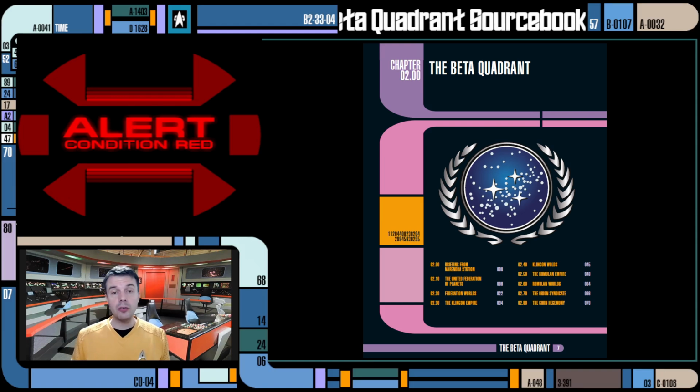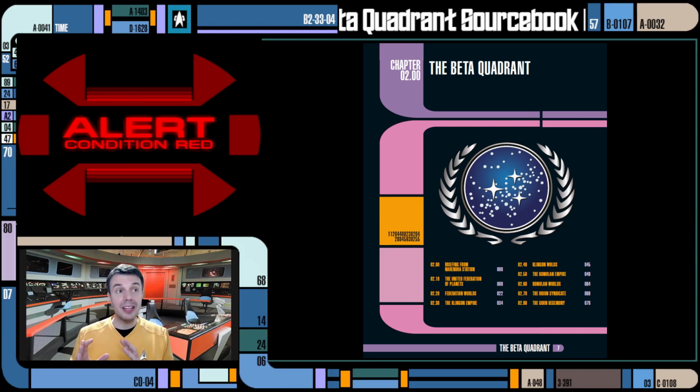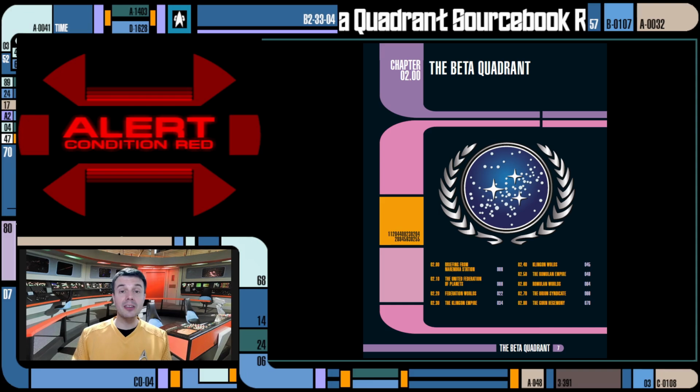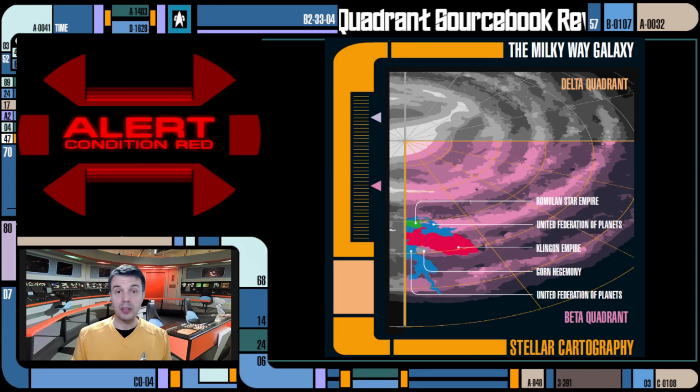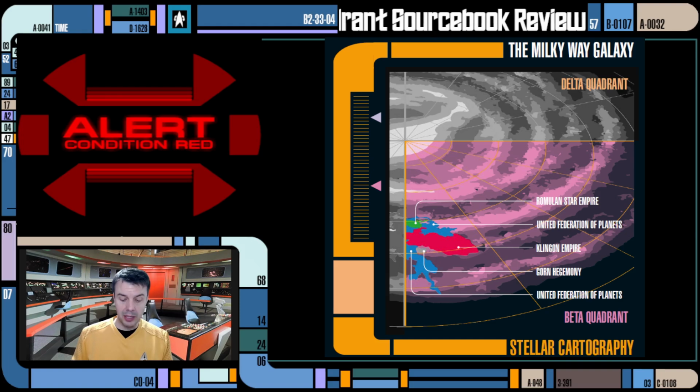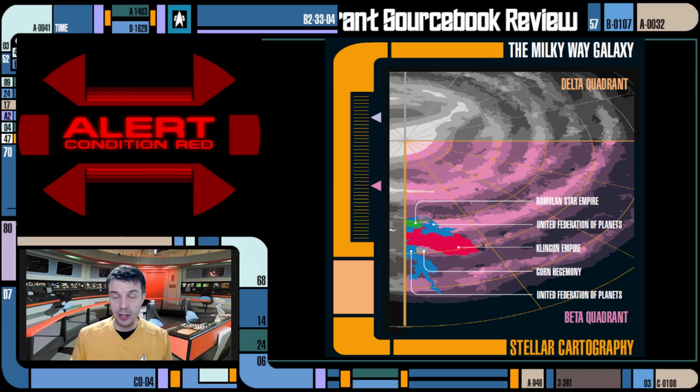The Beta Quadrant Sourcebook is the sourcebook that contains all the big names that you associate with Star Trek, especially traditional Star Trek. So in this chapter, it's going to talk about the United Federation of Planets, the Klingon Empire, and the Romulan Empire, as well as a few others.